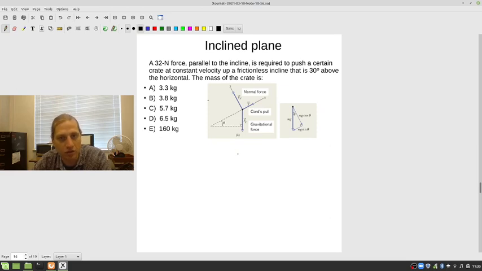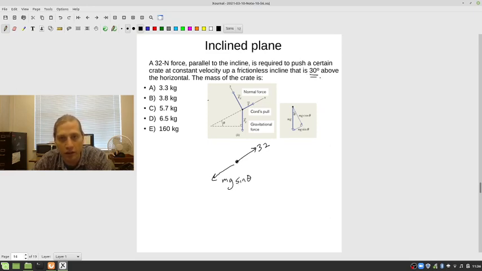So you're pushing this up with a 32 Newton force. Now remember, what we did in this type of problem is we split the force of gravity into a y component and an x component. The y component doesn't matter here because that's going to just be canceled out by the normal force. What matters is going to be the mg sine theta force pulling backwards.